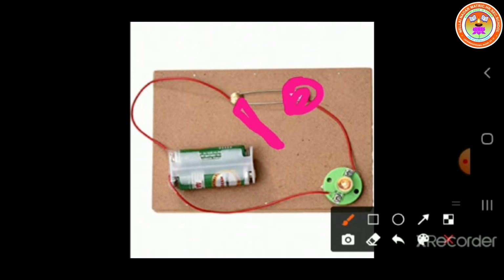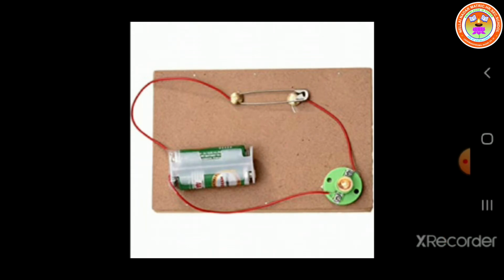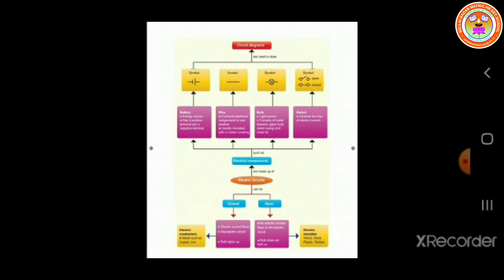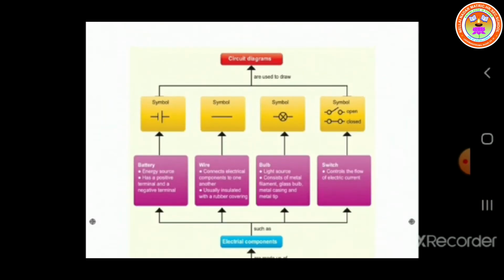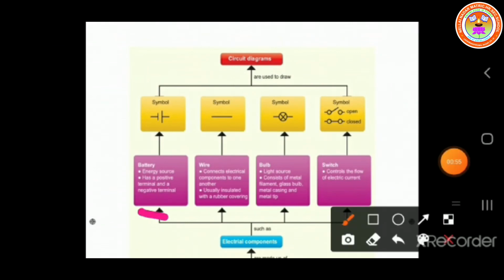Have you understood, students? And next, let me explain about the circuit diagram. For making a circuit diagram, what are the main components we need? We need a battery, wire, bulb and switch.